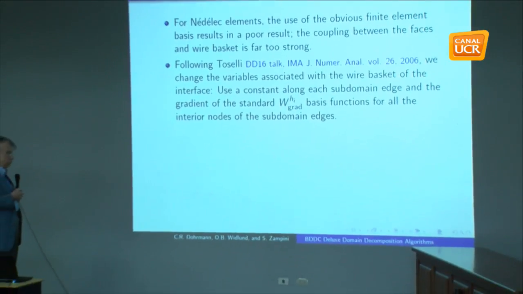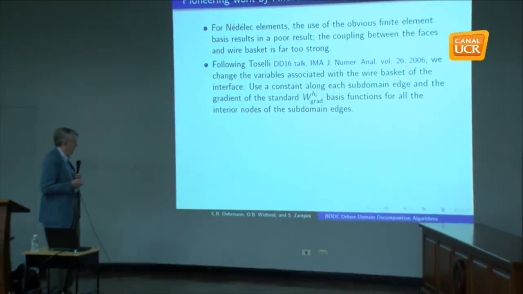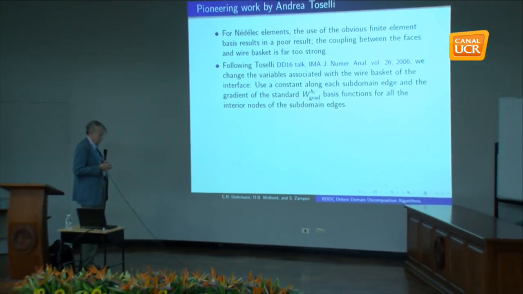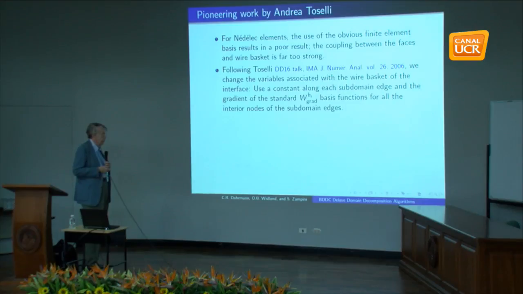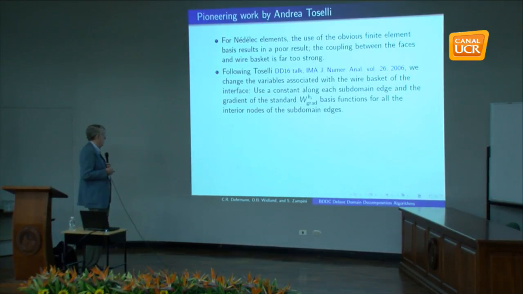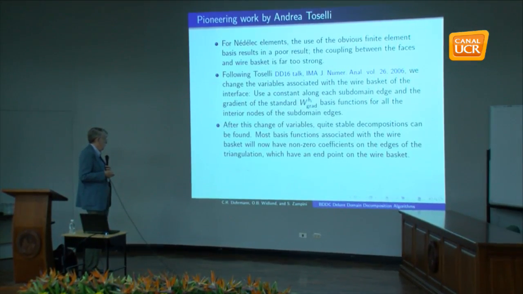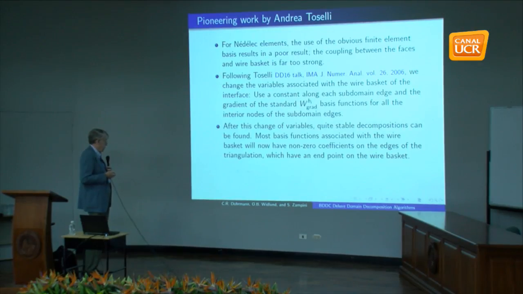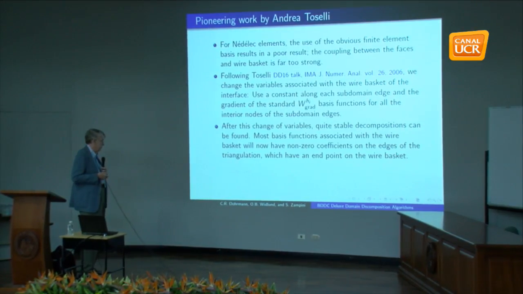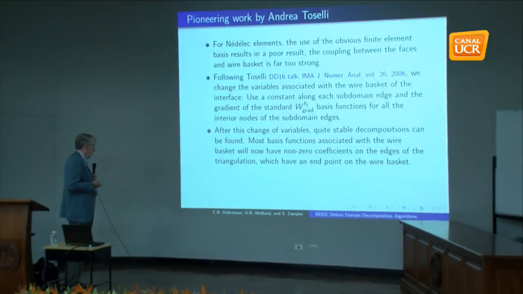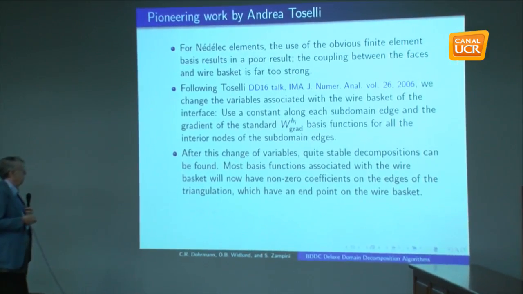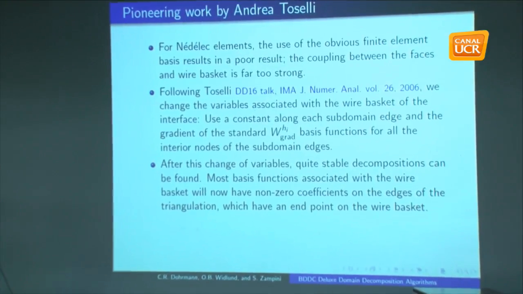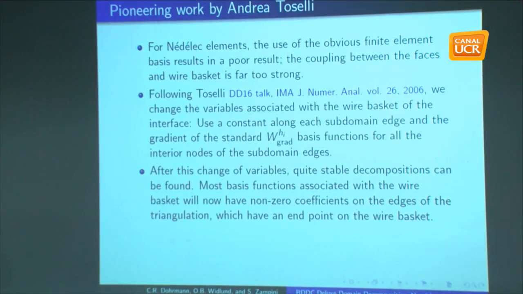And you have to have 2 degrees of freedom per subdomain edge minimum for the primal space. Then you have success. And then we can get stable decompositions and good bounds. This was not easy. It took 3 years to complete this work, in spite of Toselli's previous efforts.